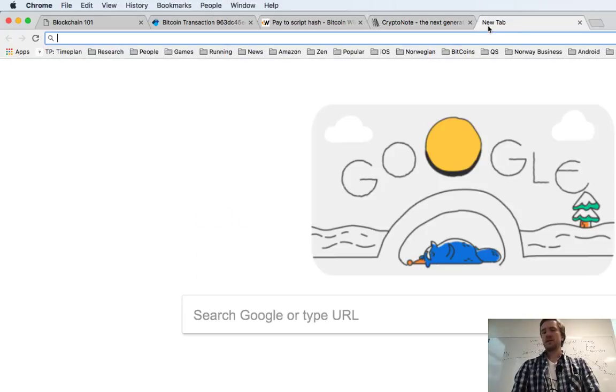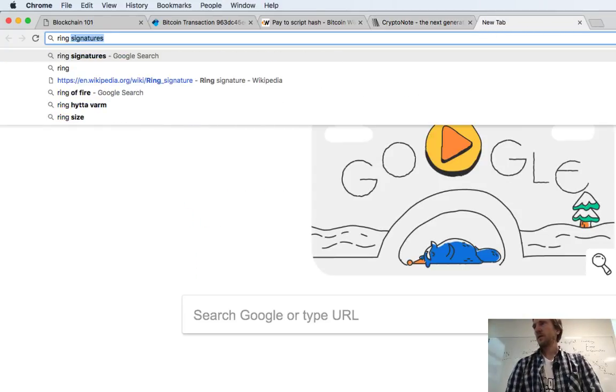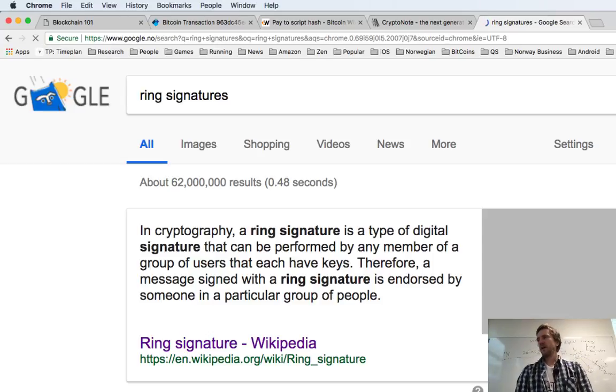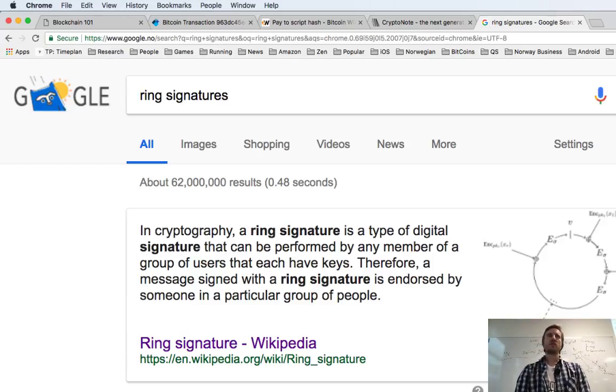So you can check ring signatures, and Monero is using ring signatures as well. It's a technology which allows you to improve the anonymity of the blockchain itself, of the data structures and the transactions which are happening.